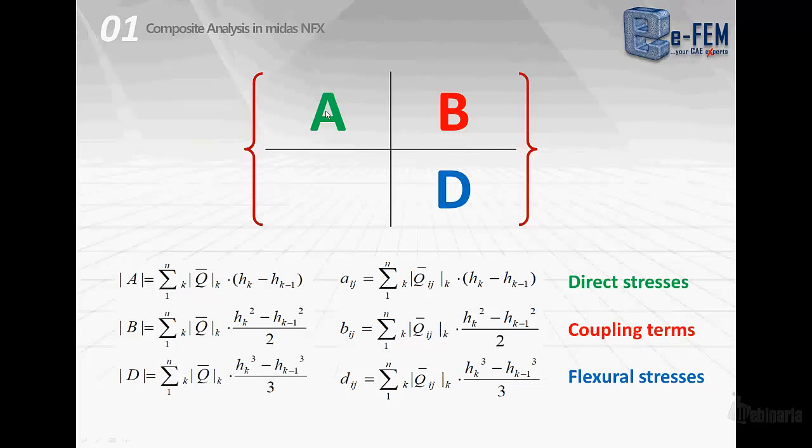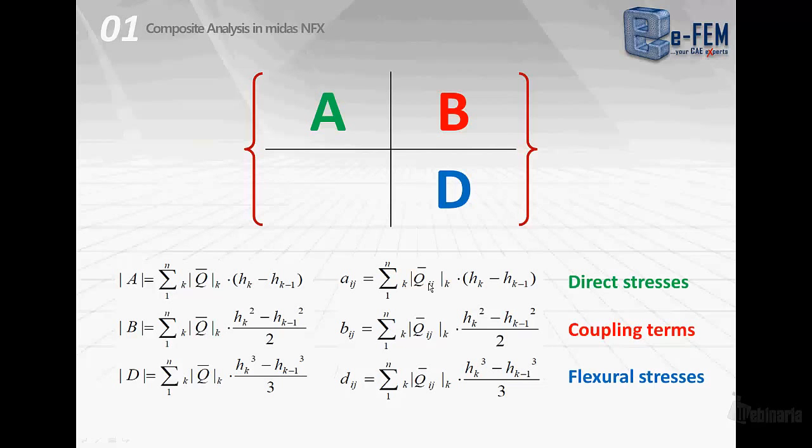The terms A in the ABD matrix are related to direct stresses, and each term is given by this definition, and it is a composition of the single terms of the Q matrices of the single laminas that build up the laminate.